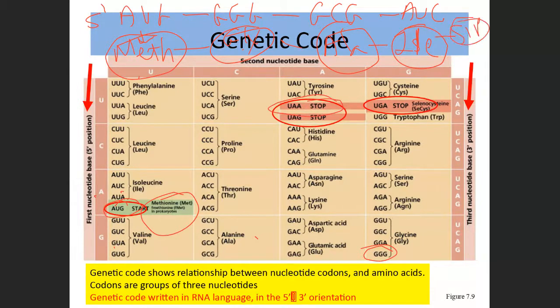So translating that messenger RNA will give us methionine, glycine, alanine, and isoleucine as the chain of polypeptides. You should be able to do that. Given the genetic code and a messenger RNA, you should be able to translate.